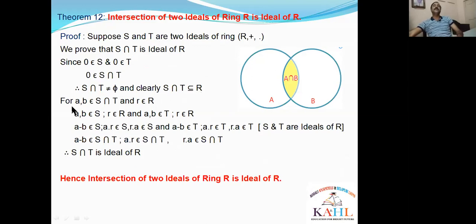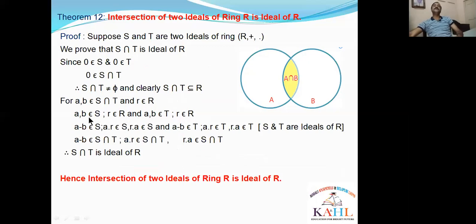Now I am taking A, B belongs to S intersection T, and small r belongs to the big set R, that is the ring. A, B in S intersection T means A, B both are in S and also in T. A, B belongs to S and A, B belongs to T, and r belongs to R in both cases.